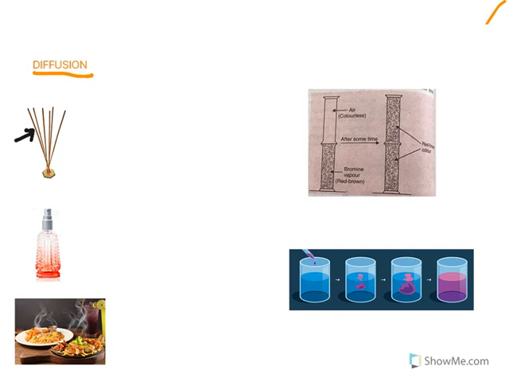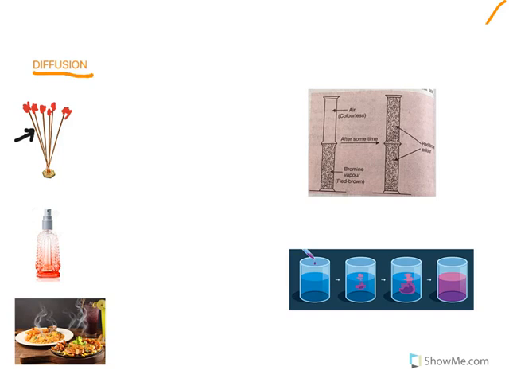But however, if you light the incense stick, now it's lit. Now what you notice is that the smell of the incense stick spreads throughout the room. You don't need to go close to the incense stick to get the smell. And why is it?